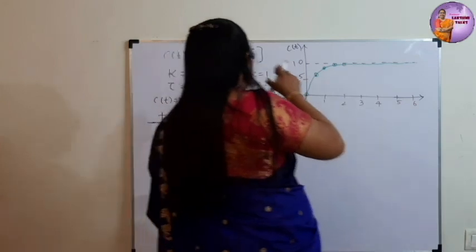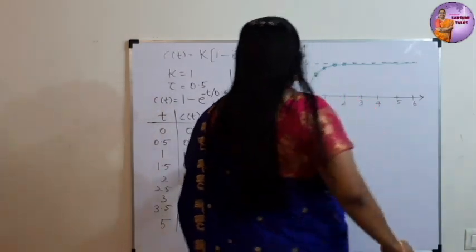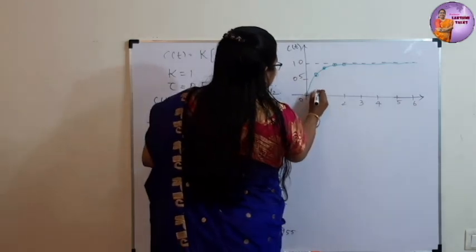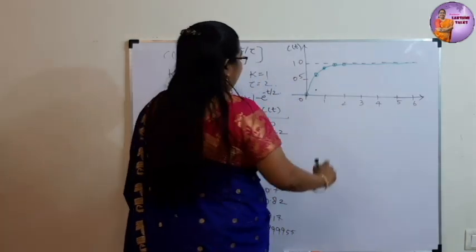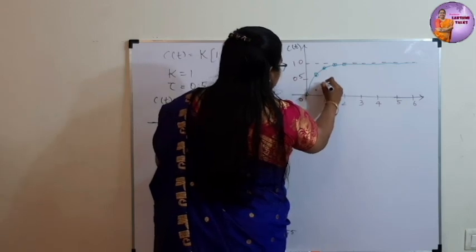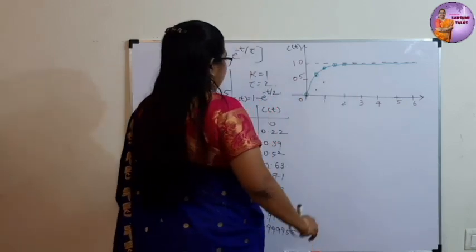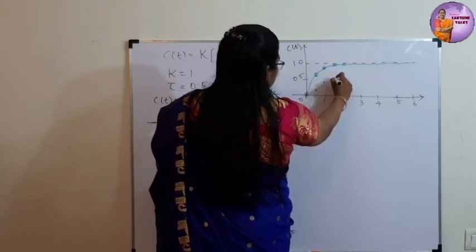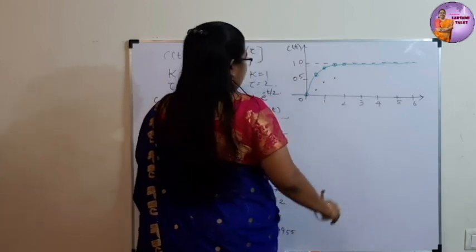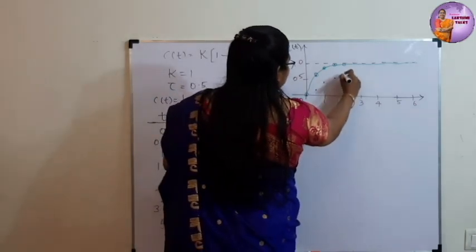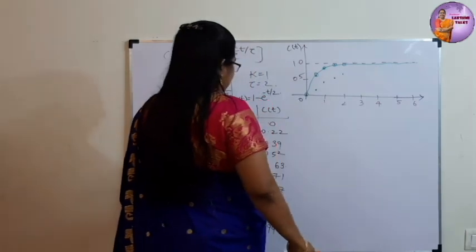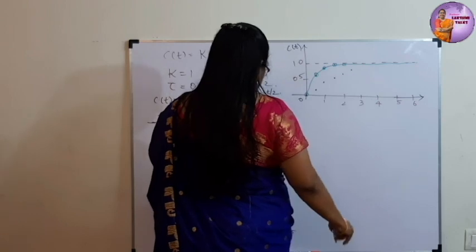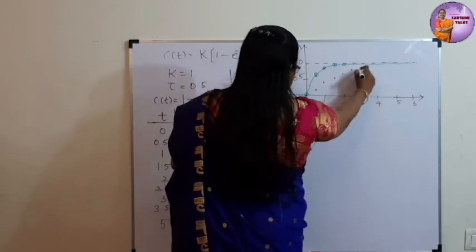The starting is the same, but at 0.5 it is 0.22. Then at 1, it is 0.39. At 1.5, it is 0.52. At 2, it is 0.63. At 2.5, it is 0.7. At 3, it is 0.77.